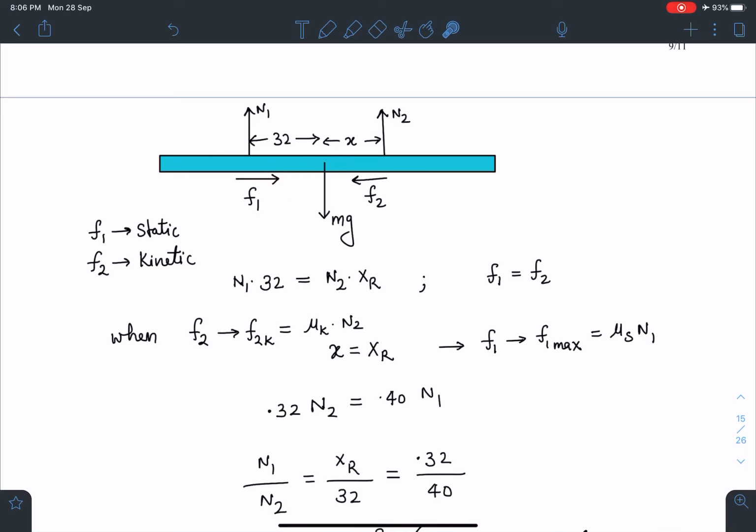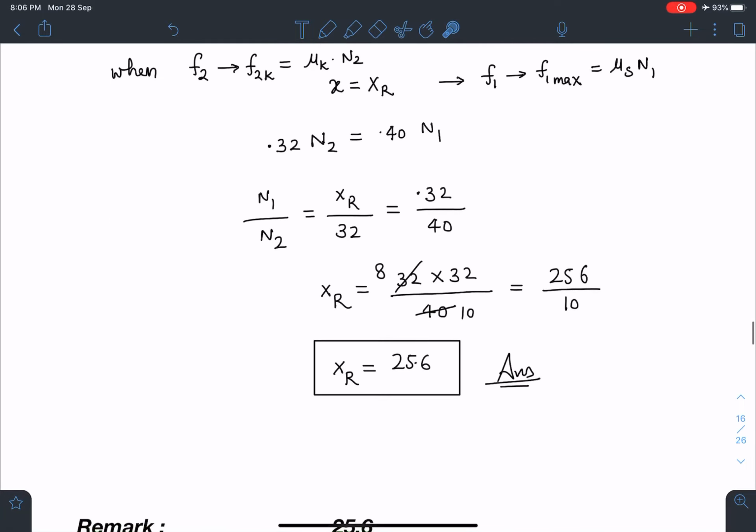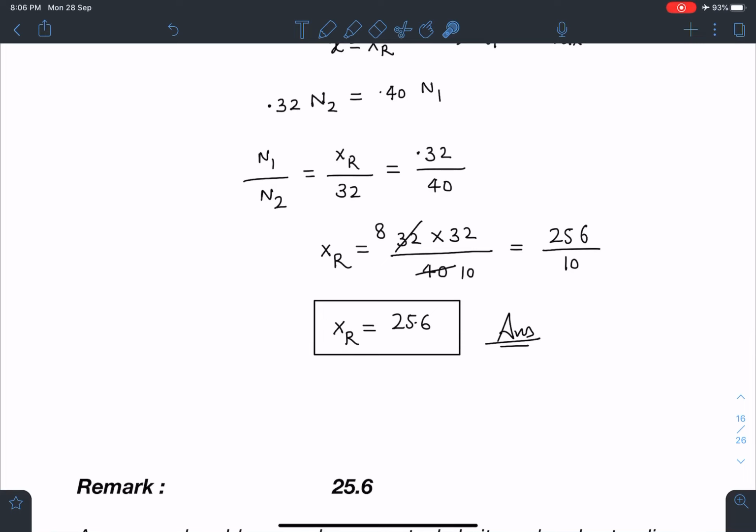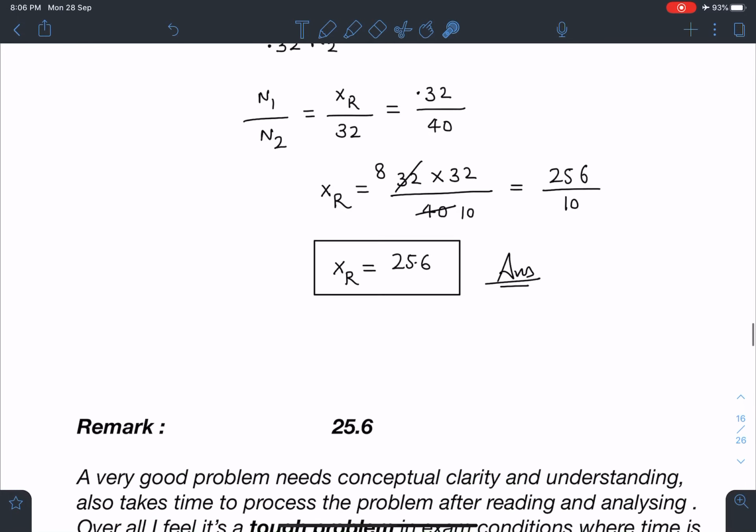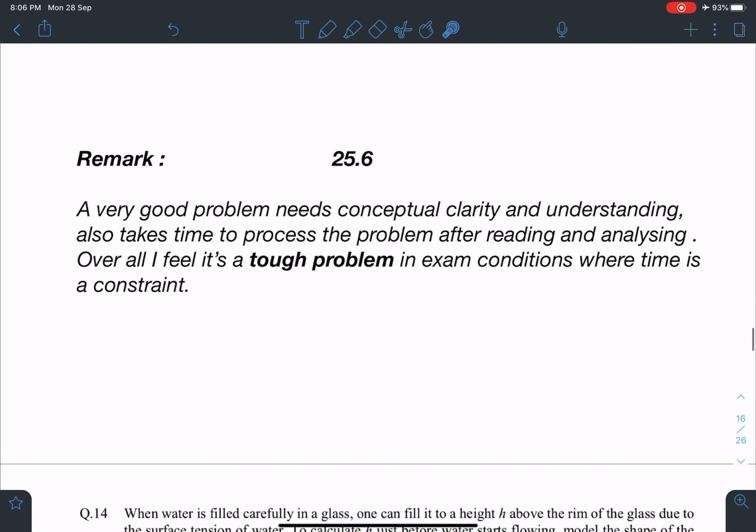So what is happening here, N1 into 32, torque balancing I'm doing, and N2 into XR. This length they are calling XR. F1 is still equal to F2. When I simplify, similar to the previous case, I am going to get this answer as 25.6 for XR. Same thing we are doing, substituting the values. So the correct answer for this problem is 25.6.